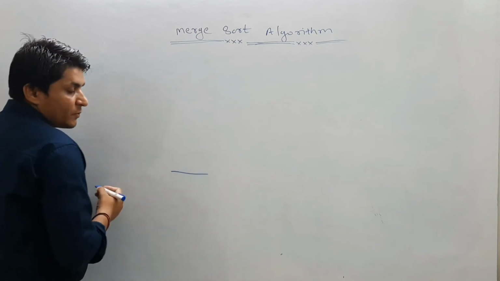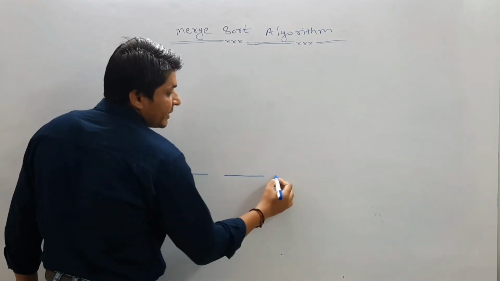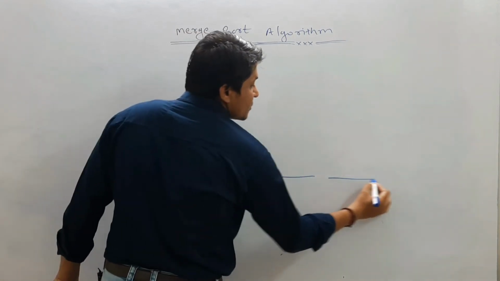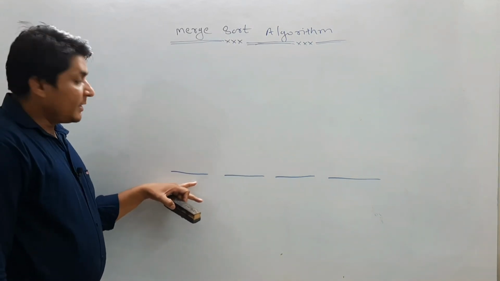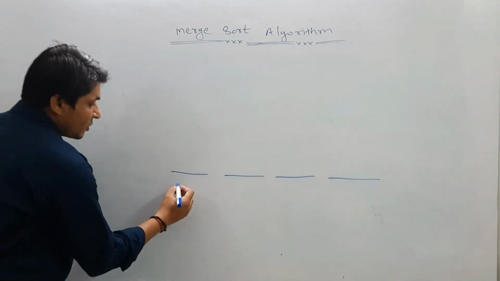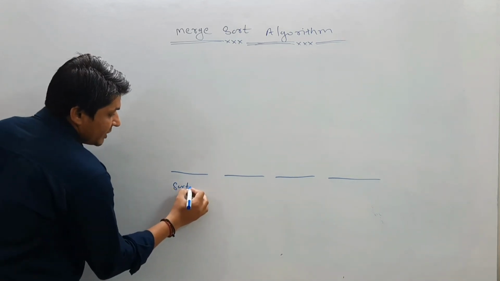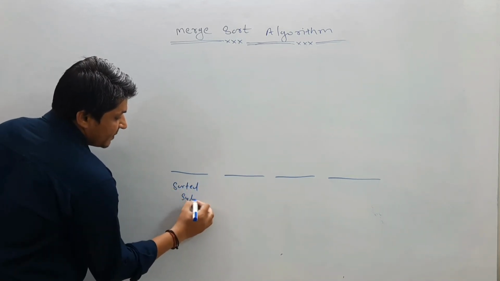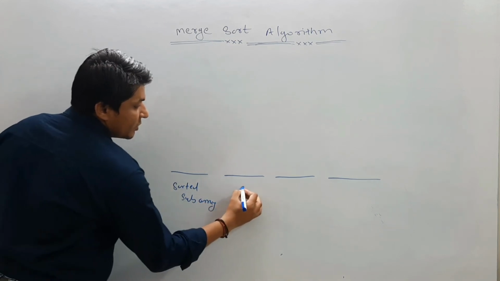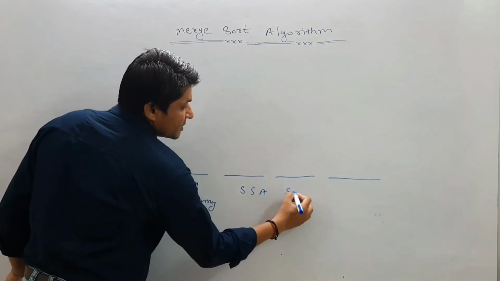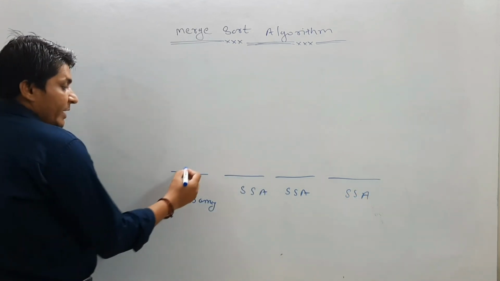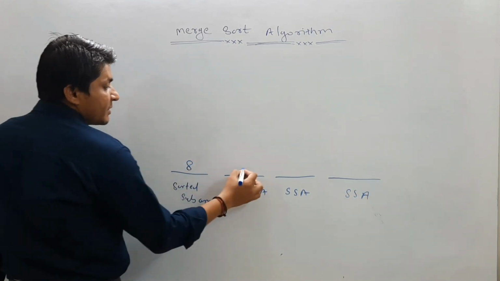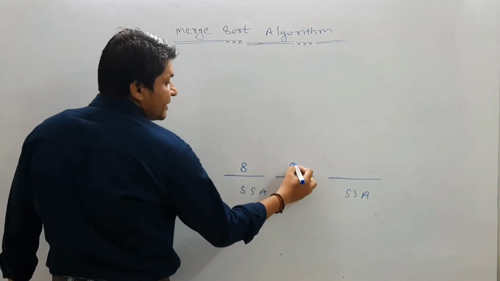This is one of the sorted arrays, this is also one of the sorted arrays, and so on, each a sorted subarray. Now let's say every array contains 8 elements.